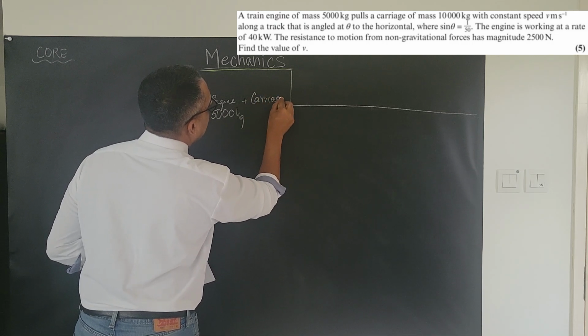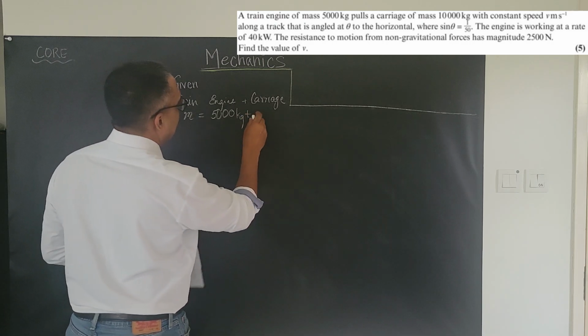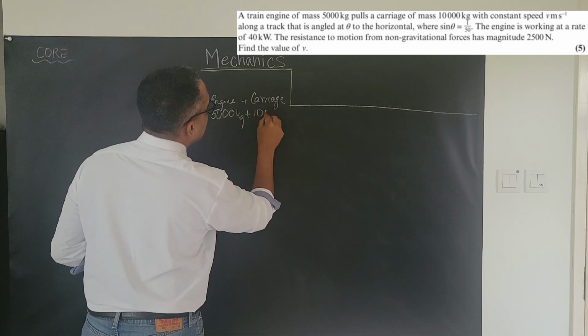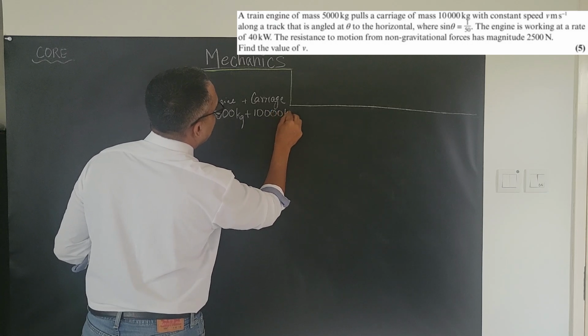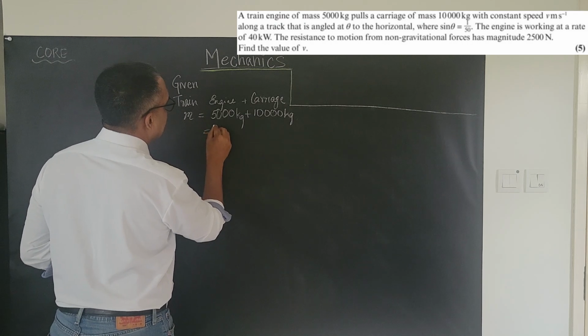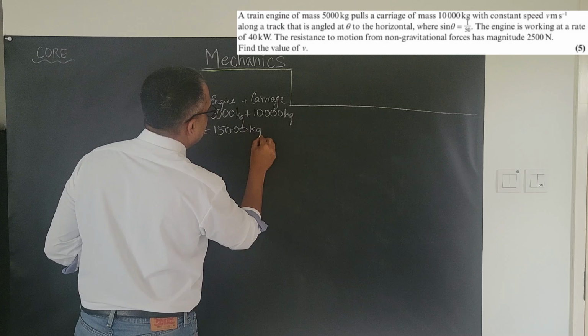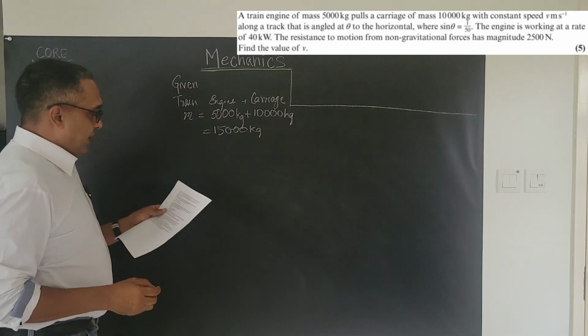You don't need to write this out in this form as long as you have your numbers captured accurately, right? So that the mass is 15,000 kgs. What else is given?